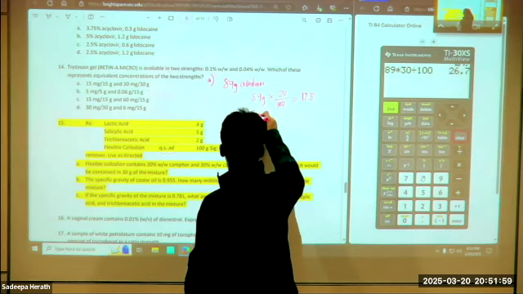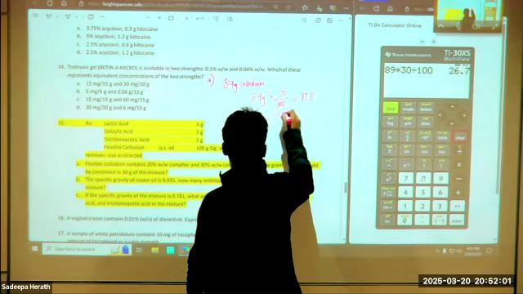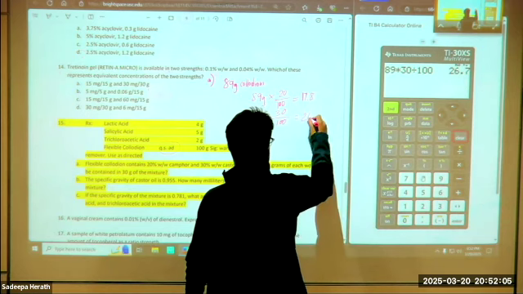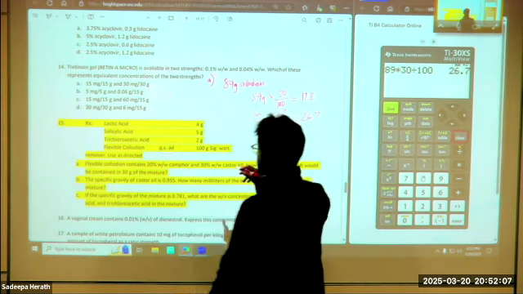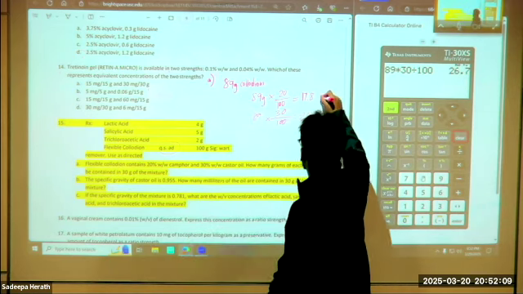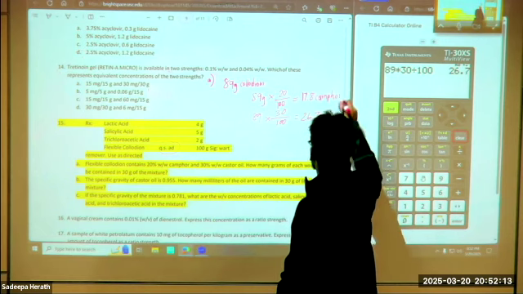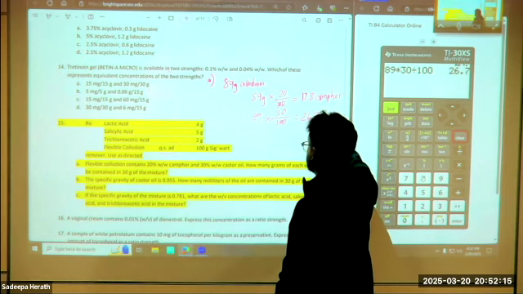So 89 times 30 over 100, 26.7. So 17.8 is for camphor at 20%, and then 26.7, that's 30% of castor oil.